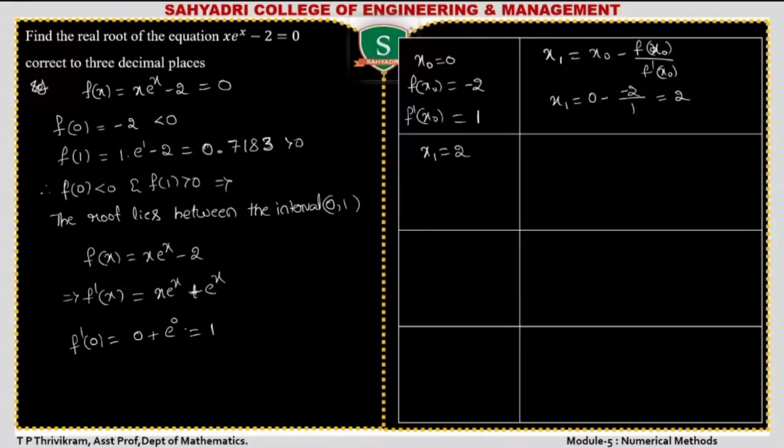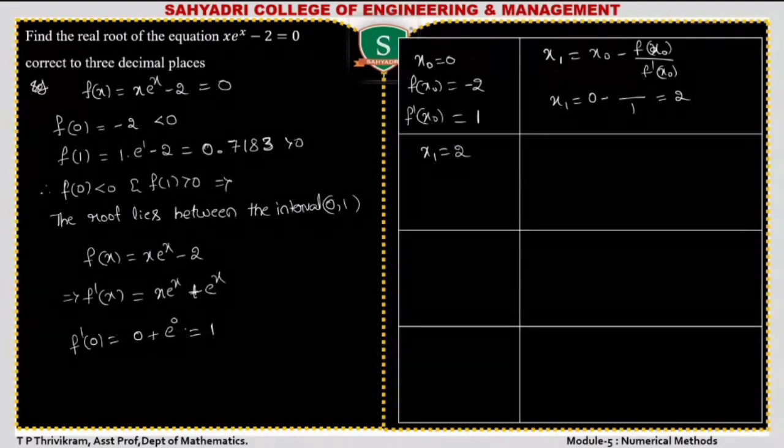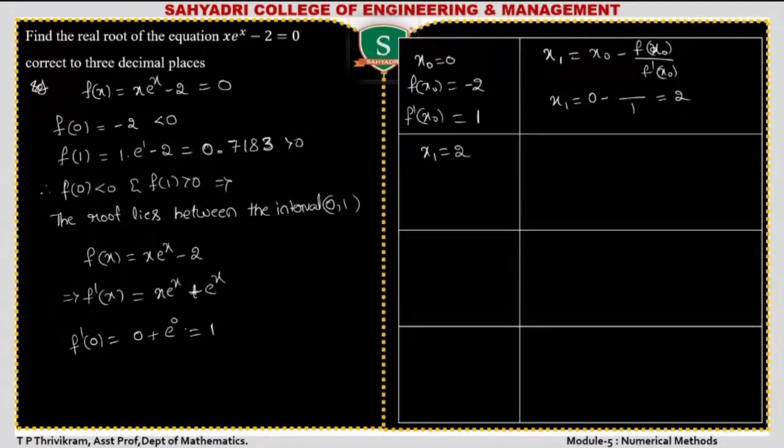Sorry, here f of x naught is how much? Sorry, it is not 2. Wait a minute.